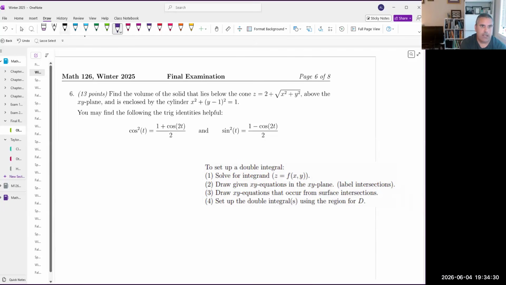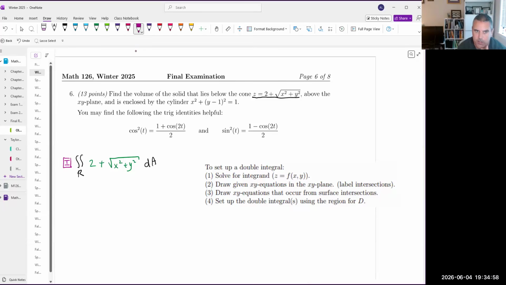So I'm going to do things that I can do automatically. I want the volume under this and above the ground. 2 plus, success. So that's what we want.